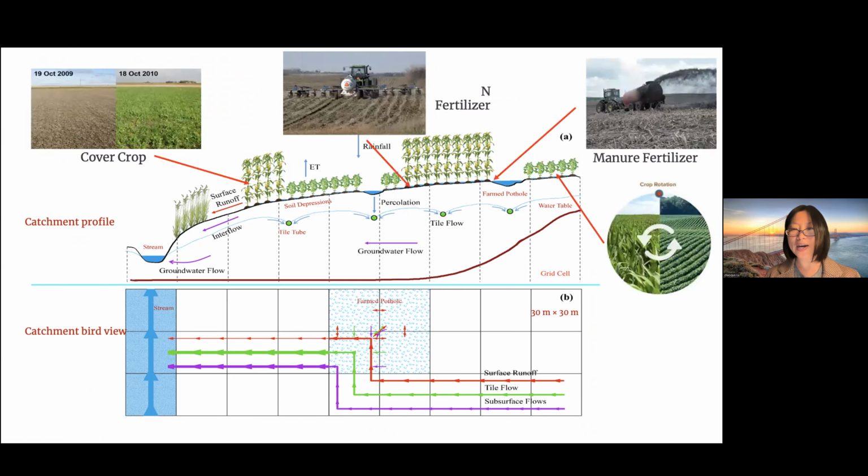And thanks to Matt Helmus and his team, we received much improved information on those farming practices. So we know which field, and how people manage their land in each field.